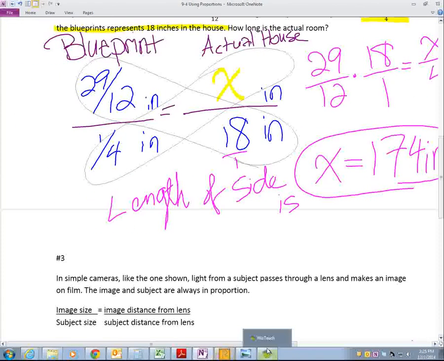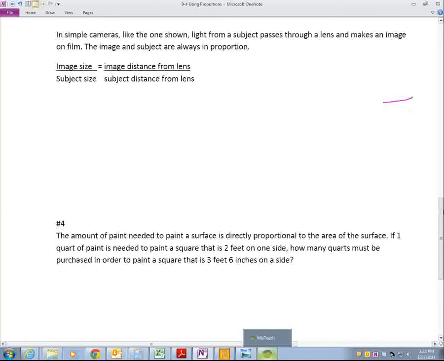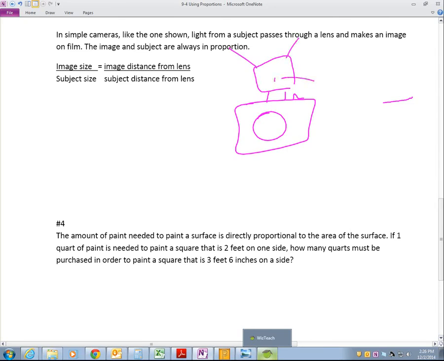Then I think that I deleted something when I was rearranging this the other day and didn't catch it because I did the layout so you guys could have this big number 6 on the top. Okay? It says here, in simple cameras, like the one shown here, light from the subject passes through the lens and makes the image on the film.